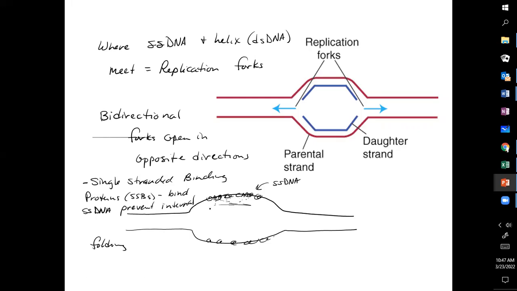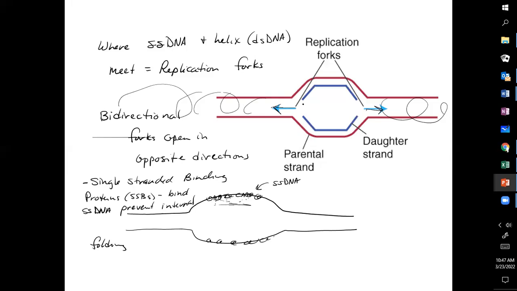And another consideration for folding and twisting and turning, and the fact that these molecules are mobile, is that as this fork opens, remember this is a helix. It's a helical molecule. As you open these single strands, it causes the helix to tighten.